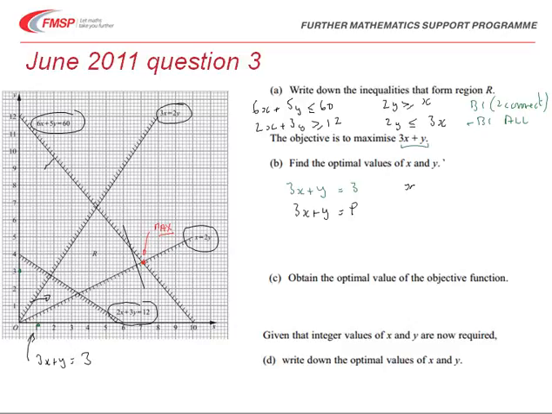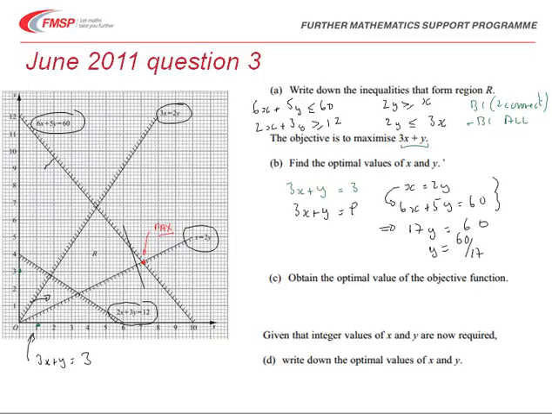So we've got where x is equal to 2y and where 6x plus 5y is equal to 60. We need to solve these simultaneously. That's relatively straightforward. Just substituting from the first equation into the second one, we get a total of 17y is equal to 60, and therefore y is equal to 60 over 17.